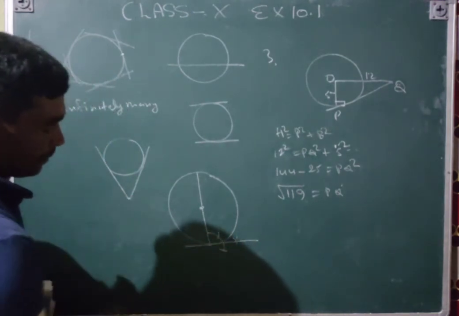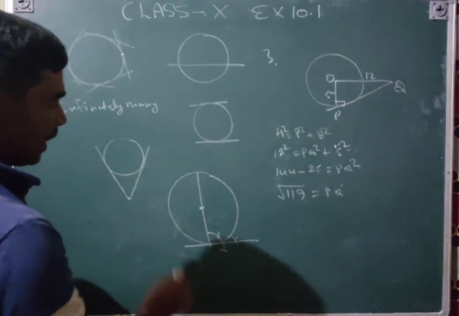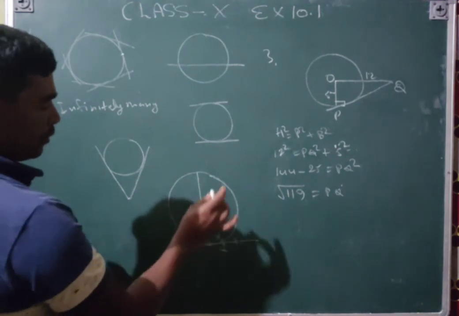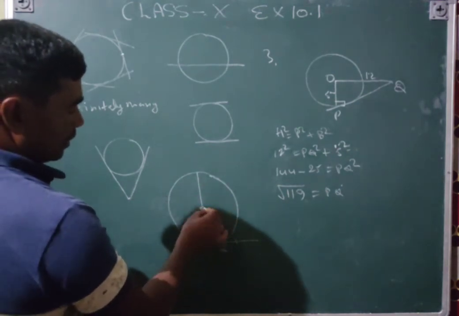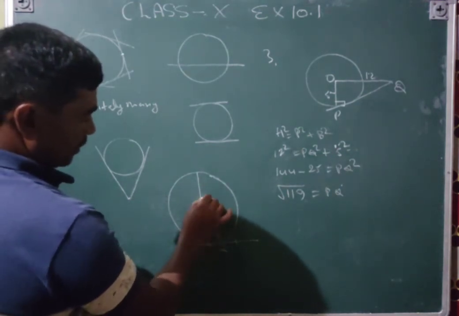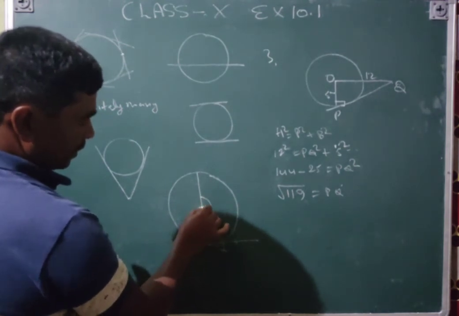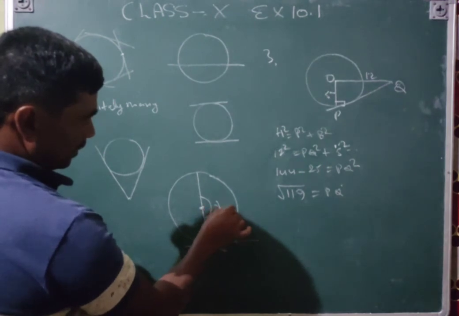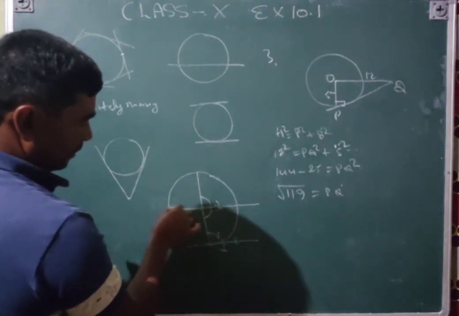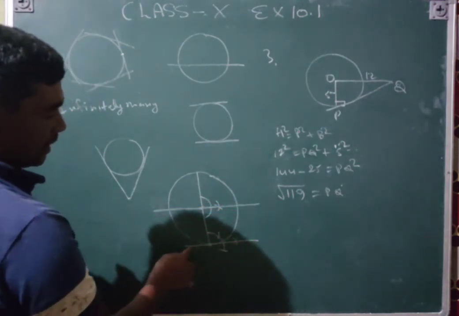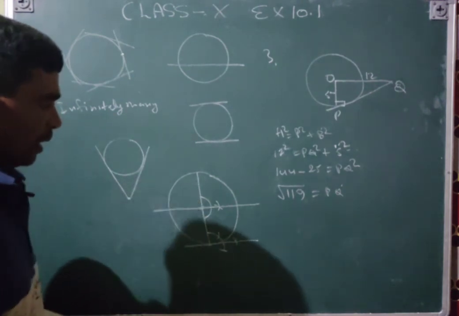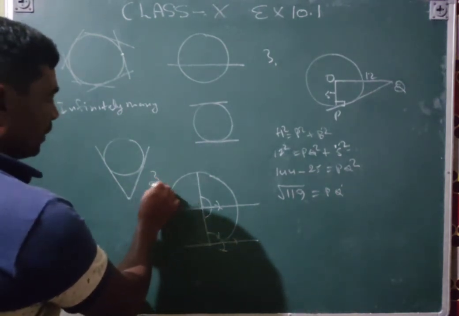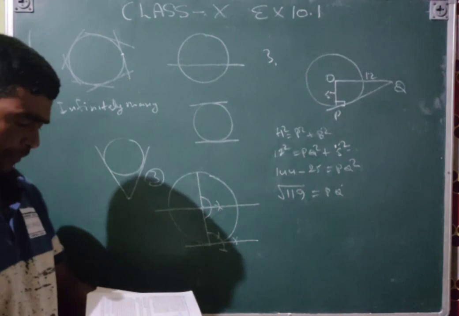This is a tangent, and on any point here you will draw the 90-degree, like this, from the center. This is a secant and this is a tangent, and both are parallel also.